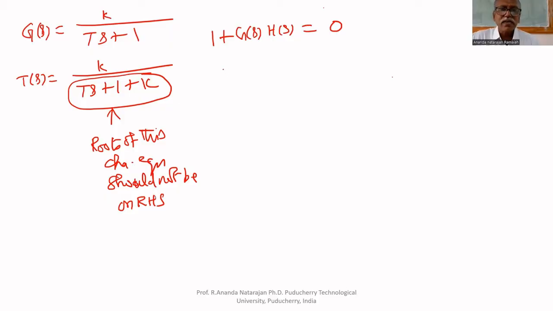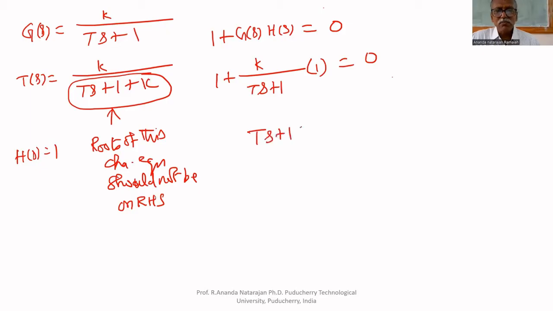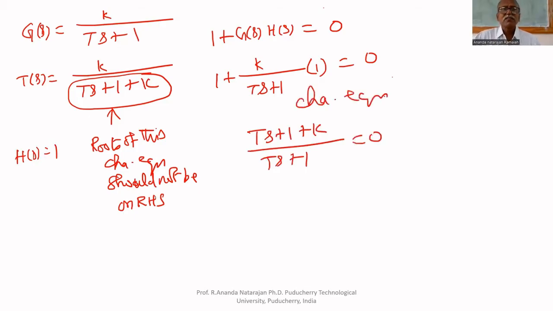Here in this case, H of S equal to 1, let us assume. So 1 plus K upon tau S plus 1 multiplied by 1 equal to 0. If you take the LCM, you will get tau S plus 1 plus K upon tau S plus 1 equal to 0. This is the characteristic equation.